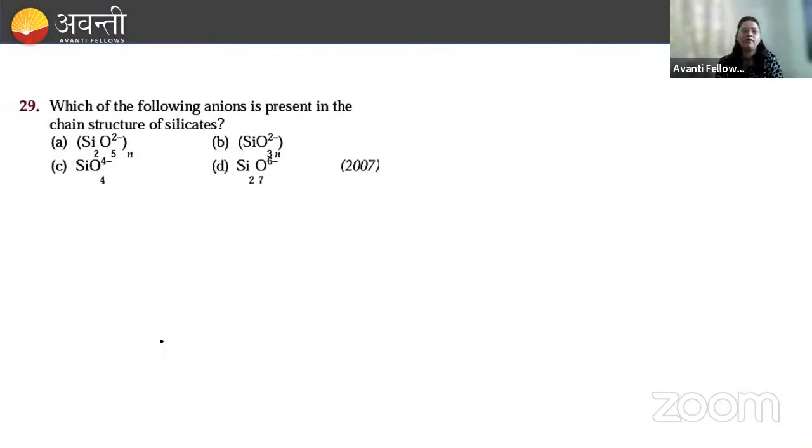Yeah. Next problem. Which of the following anions is present in the chain structure of silicates?